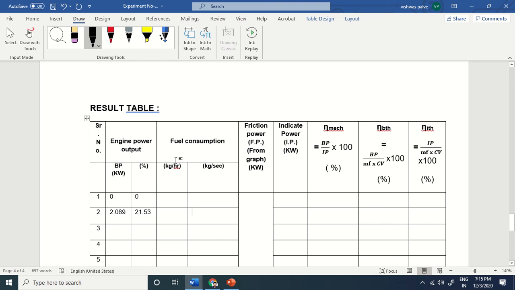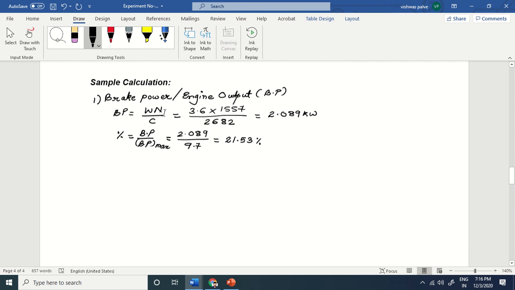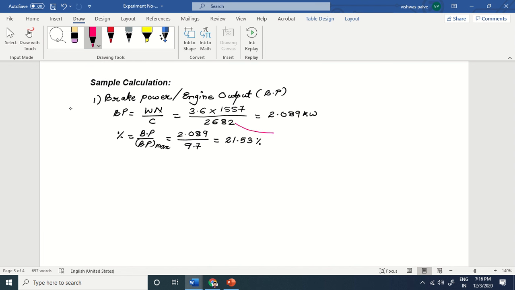Next is the calculation for fuel consumption. In the previous formula for brake power, W and N we have taken from the observation table, and this value is constant.